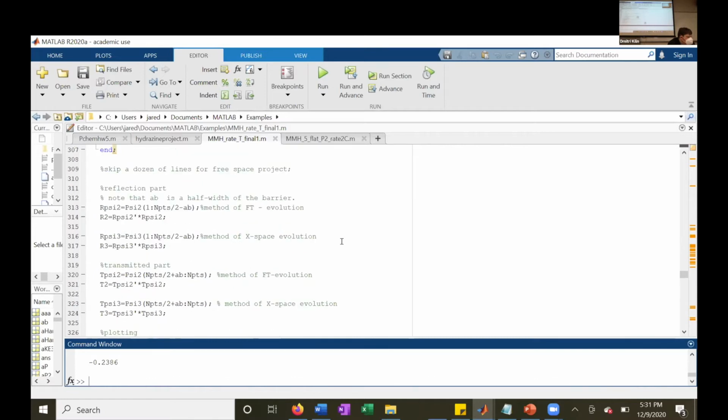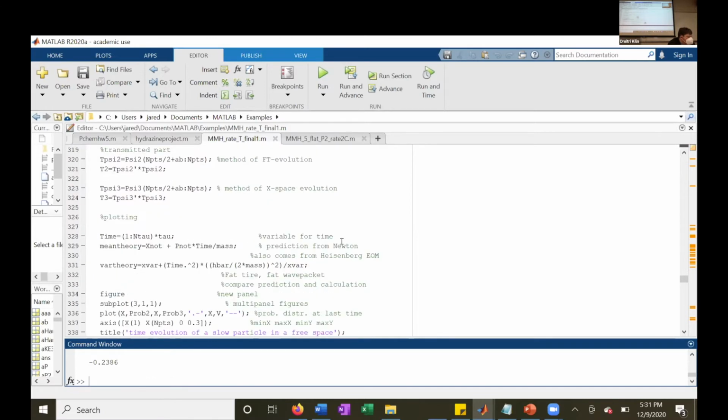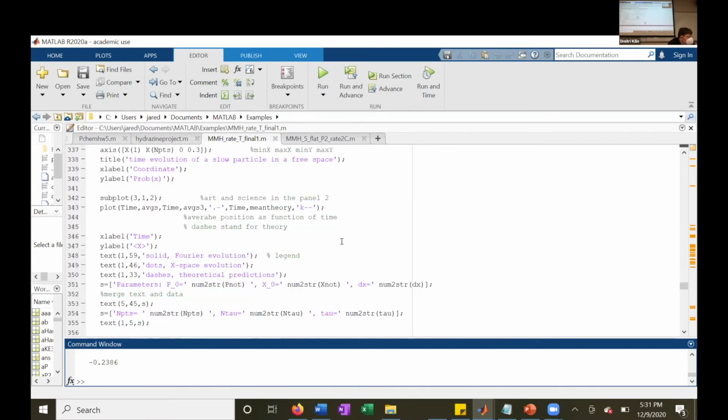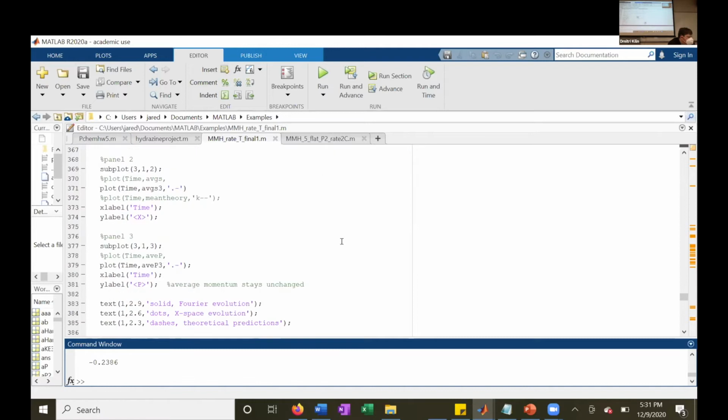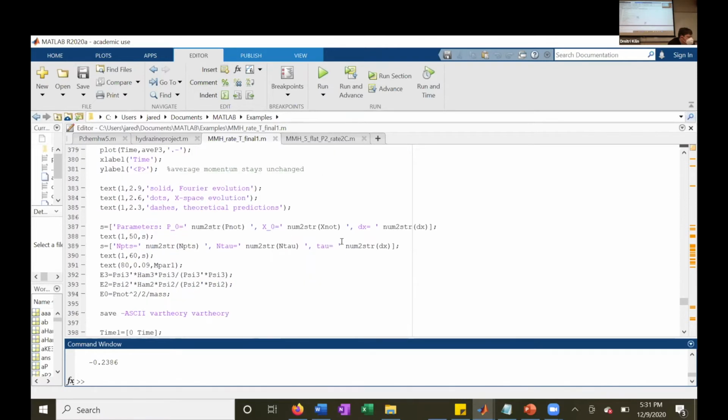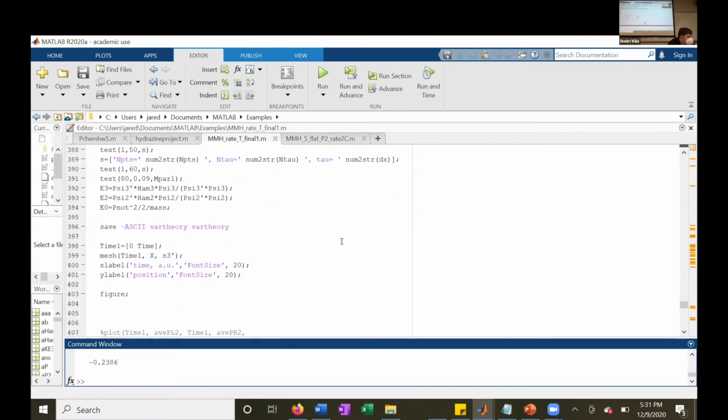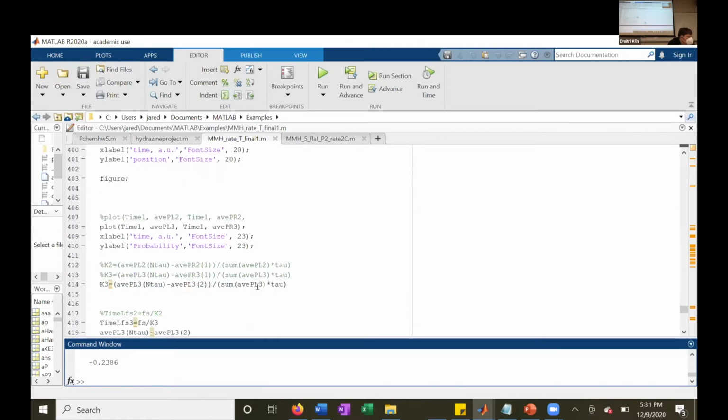We are looking for K3, where it is defined. And if you cannot find it, oh, here.